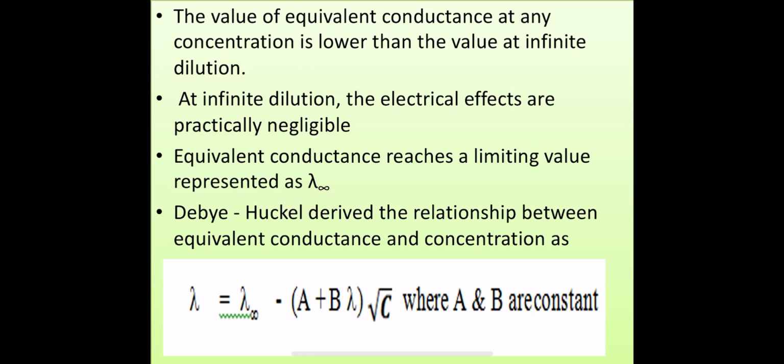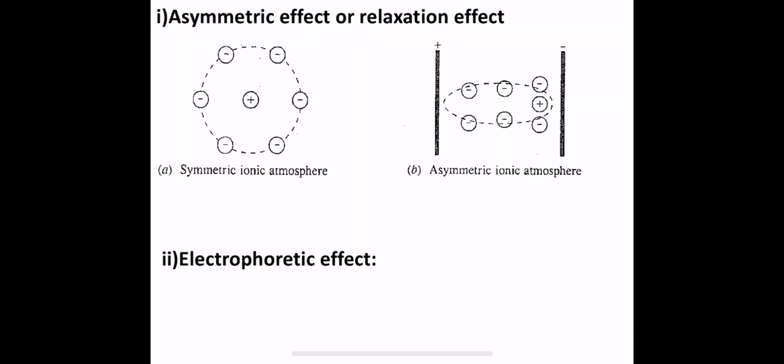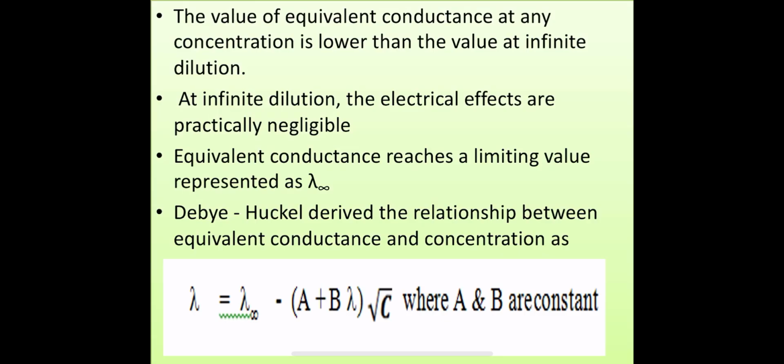That is because if the asymmetric effect and electrophoretic effect are not seen between those ions in their movement towards the cathode and anode, we need not worry. But these two effects will make the ions decrease their velocity. Okay, the velocity is going to get decreased. So for this reason we are going to use a term which is called lambda infinity.